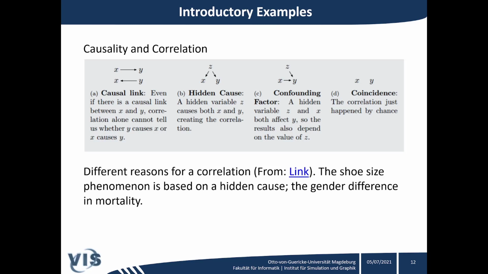The third type is the confounding factor. Here, a hidden variable z and x both affect y. So the results also depend on the z variable. The last type is named coincidence, which describes a situation where the correlation just happened by chance. This means there are different reasons for a correlation. For example, the shoe size phenomenon is based on a hidden cause, the gender difference in mortality, for example.